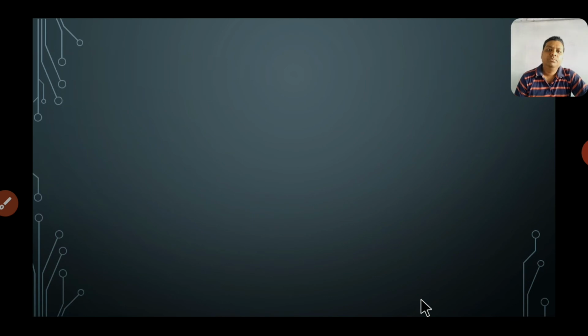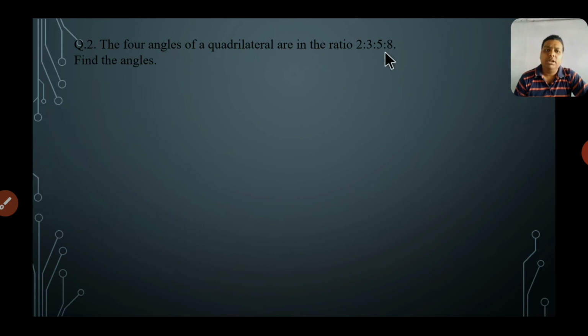Now the next question is question number 2. This time the four angles of a quadrilateral are given in a ratio. If any numbers are in a ratio, we multiply them by a variable.